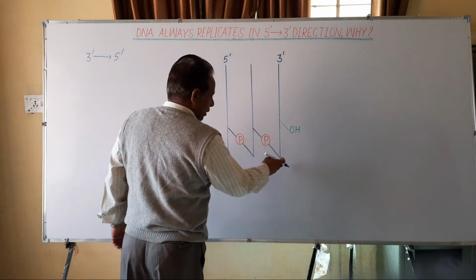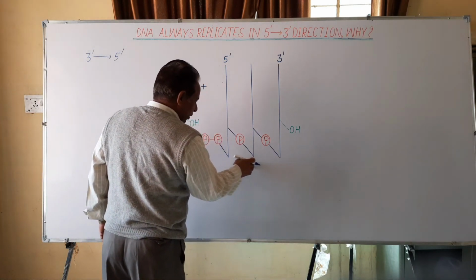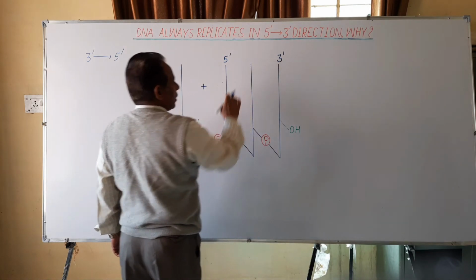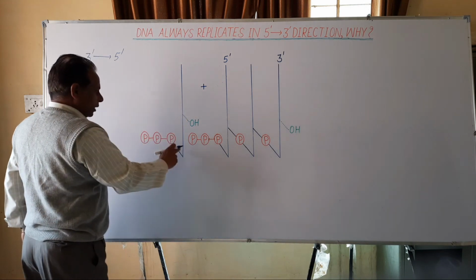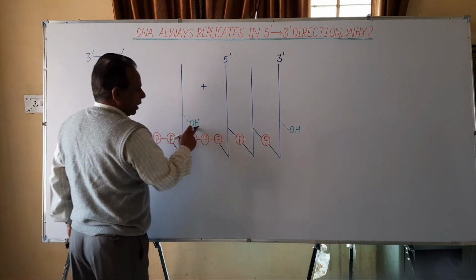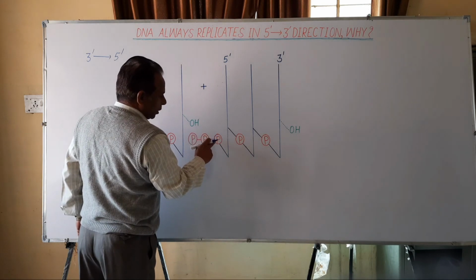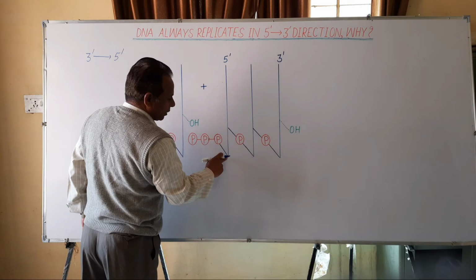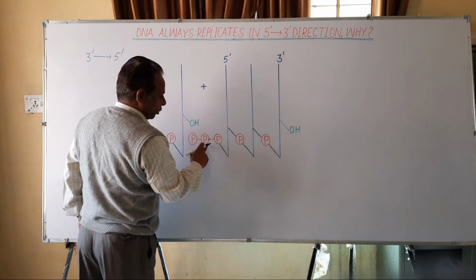Suppose this one is a polynucleotide chain synthesizing in 3' to 5' direction. When a new nucleoside triphosphate is added, its OH group forms a phosphodiester bond with the alpha phosphate of the pre-existing or recently added nucleoside triphosphate.